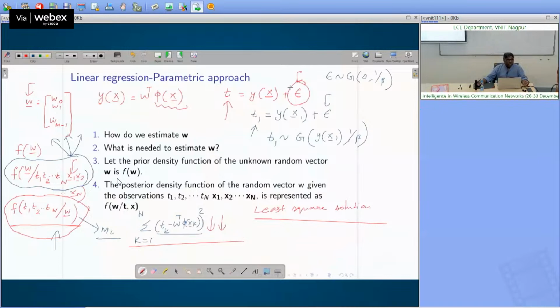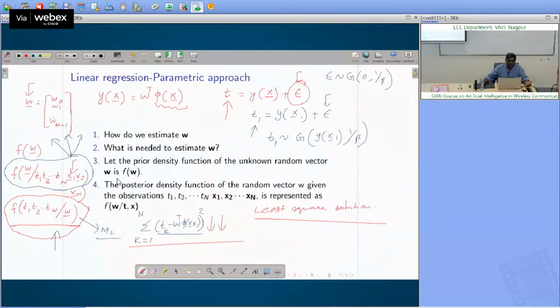So the maximum likelihood estimation ends up with what? The least square problem, when the additive noise is modeled as Gaussian, right? So we wanted to minimize this: sigma k equal to 1 to n, tk minus w transpose phi of xk, the whole square.